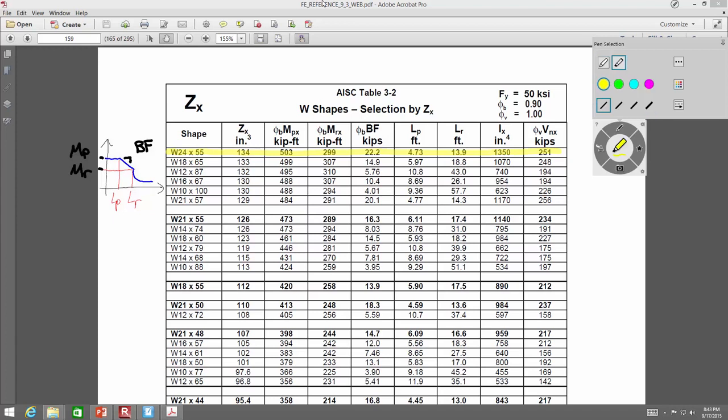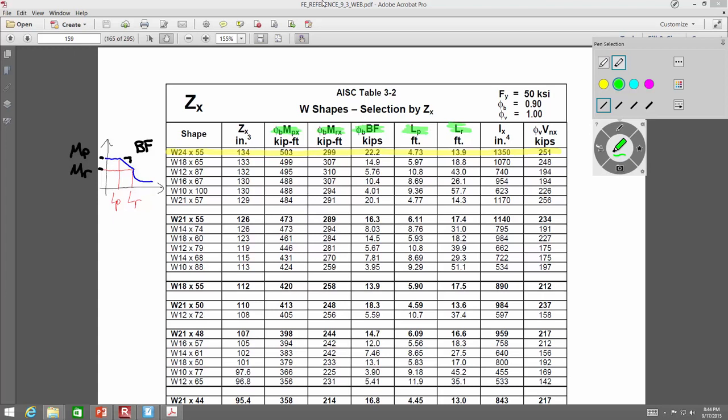So if you notice, I've got MP right there. I've got MR right there. I've got BF. I've got LP. And I've got LR, right? So what is LB? What's the unbraced length for this beam? It's 12 feet we said?